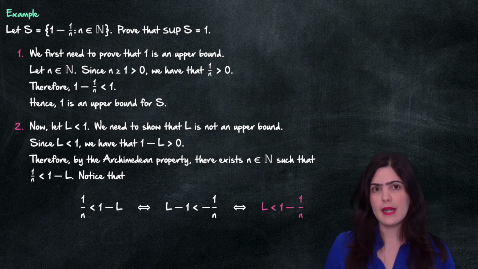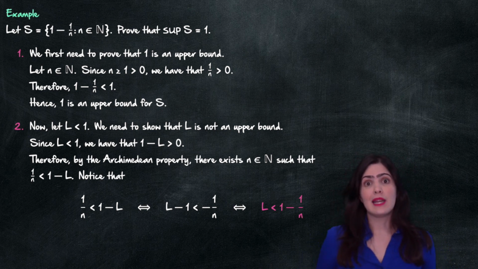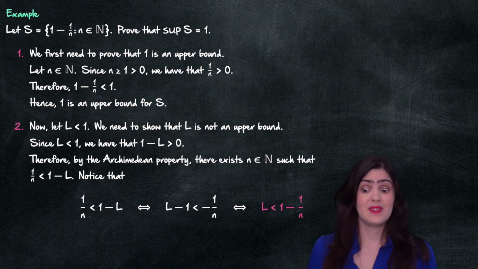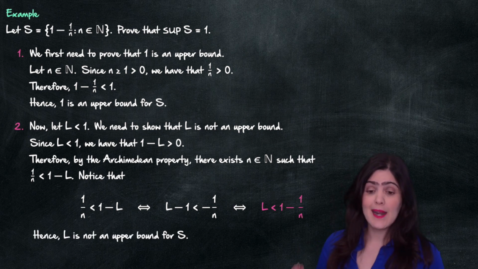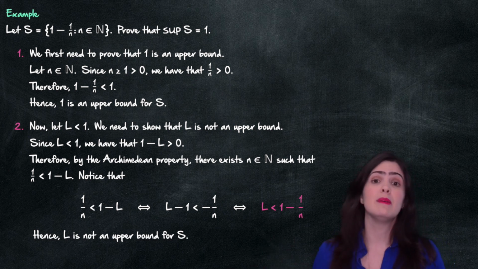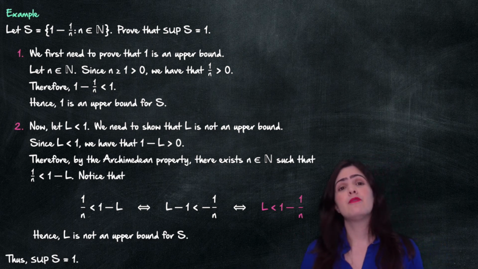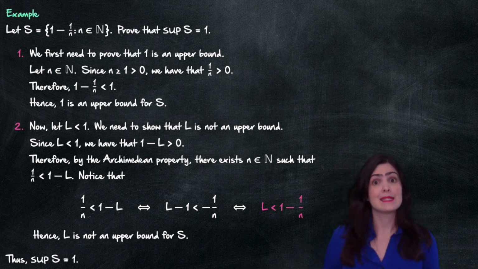So we managed to find a natural number n such that L is strictly less than 1 minus 1 over n. But that means that L cannot be an upper bound for the set because L is less than at least one element in my set. And that concludes the proof of the fact that the supremum of my set S is equal to 1.